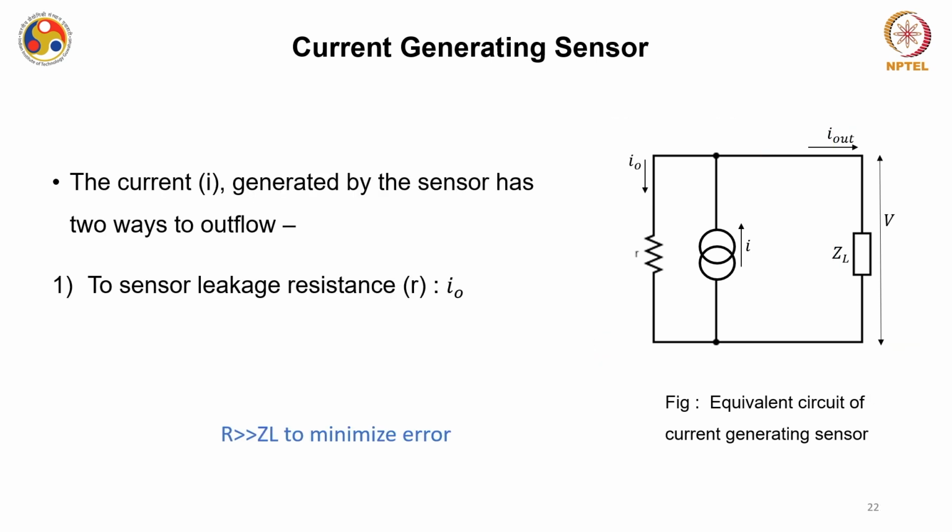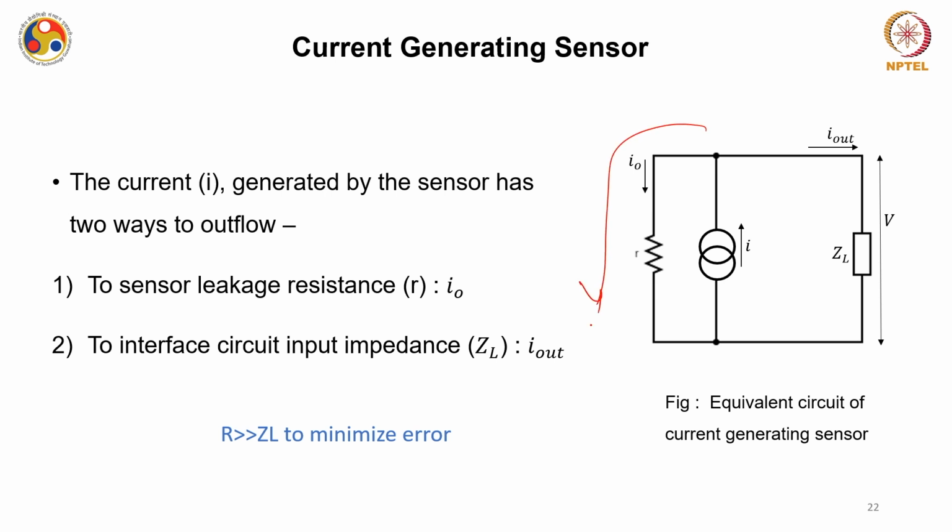Now, this current which is generated by the sensor can flow in two directions. It can leak through this leakage resistance, or it can flow through this input impedance of the interface circuit. So either you have I naught or you have I out. Now, you want this leakage current to be minimal, so you want it to be a high resistance path.